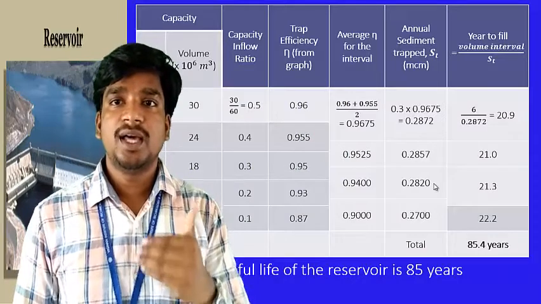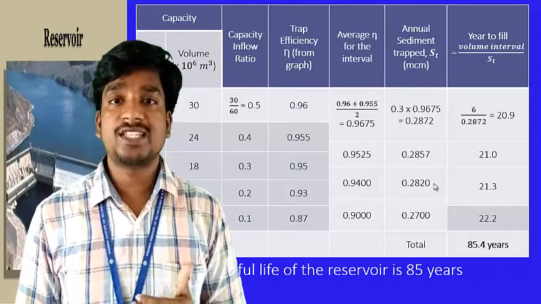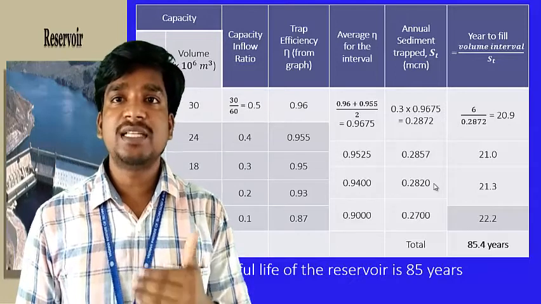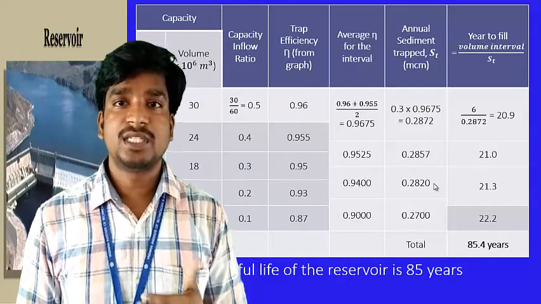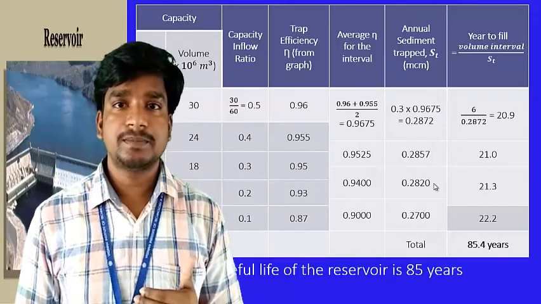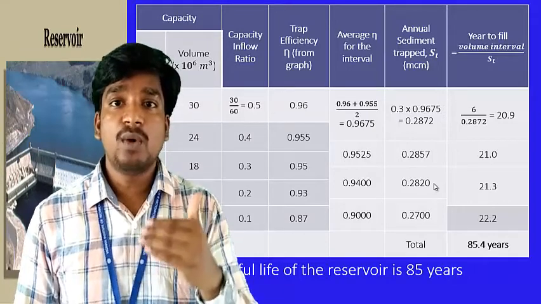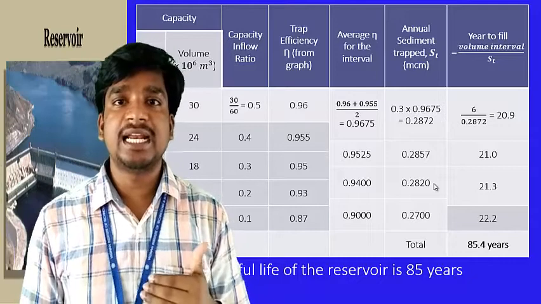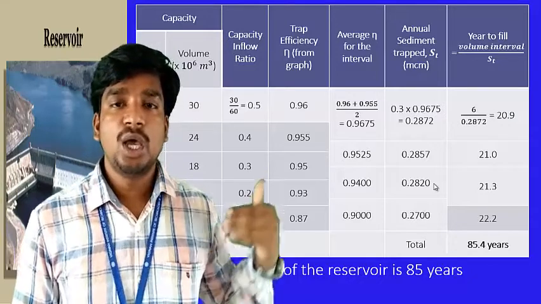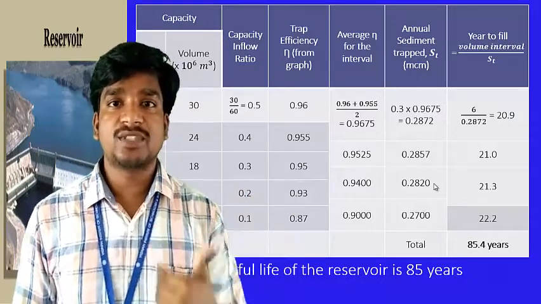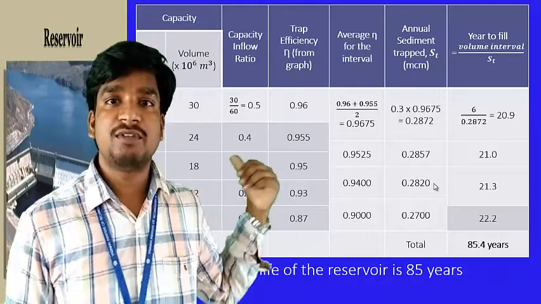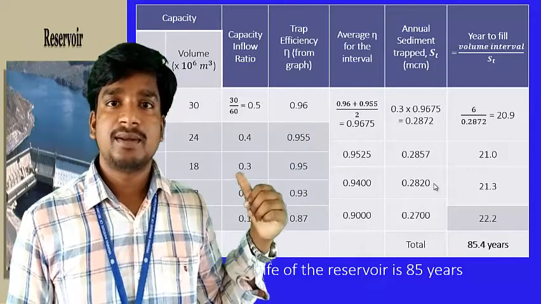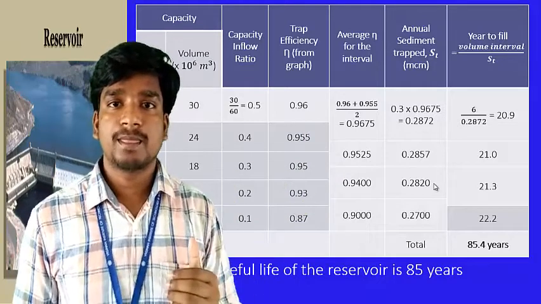Now let us go to the next column. The next column indicates the annual sediment trapped, which is indicated with ST. How is the annual sediment trapped calculated? It is calculated from the inflow rate of sediment multiplied with the average trap efficiency that we calculated in the previous column.